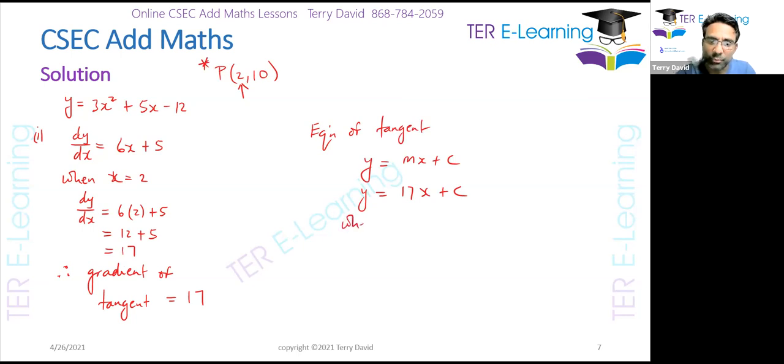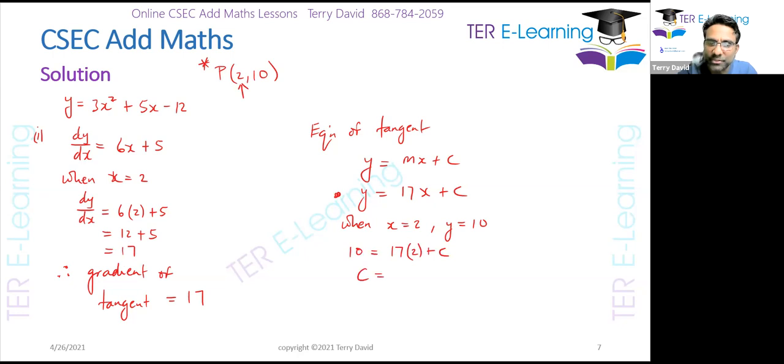We know that when x is equal to 2, y has to be equal to 10. So we're going to substitute x and y into this equation to figure out c. So 10 is equal to 17 multiplied by 2 plus c.